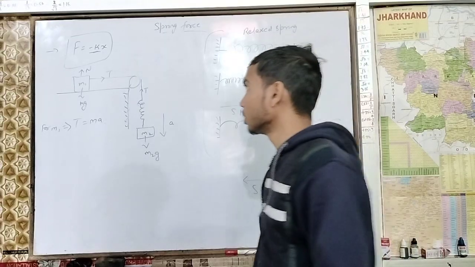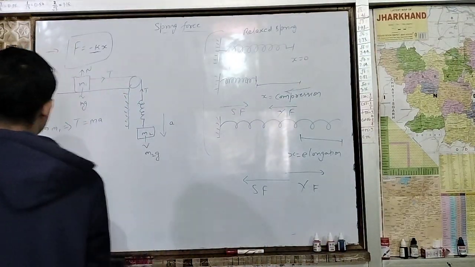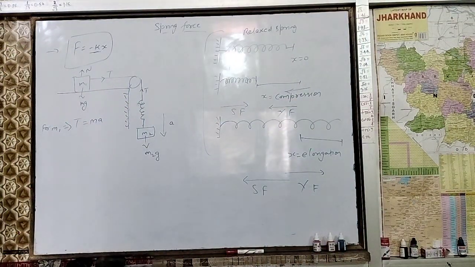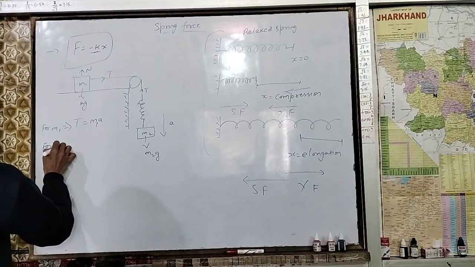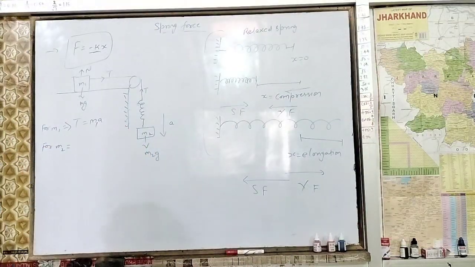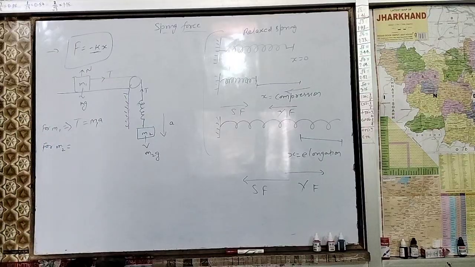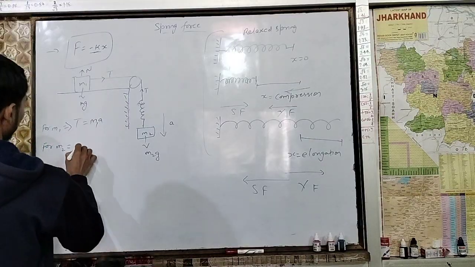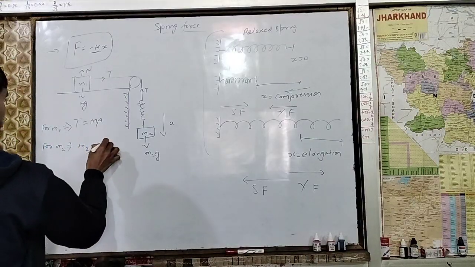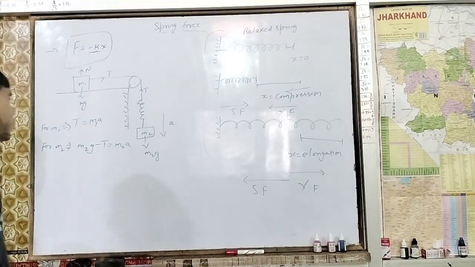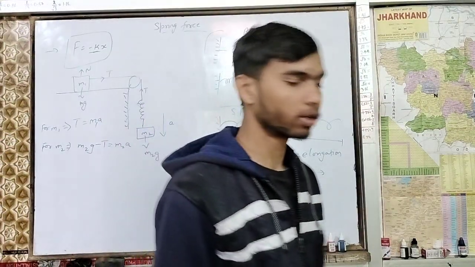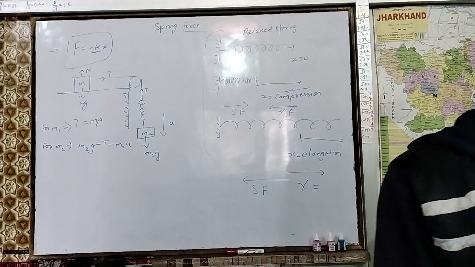For M2, we have a downward force, and the upward force is the tension. So M2g minus T will be equal to M2a. Here we can find the value.